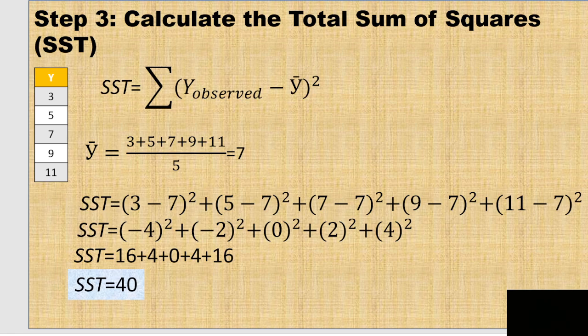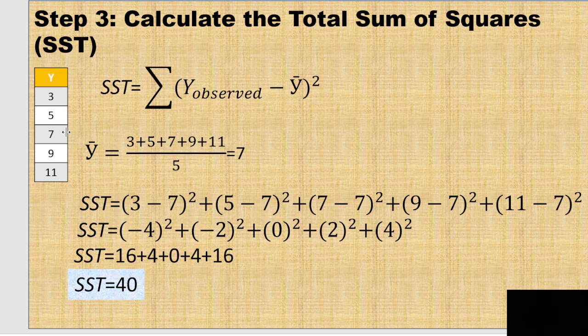And for step 3, calculate the total sum of squares, our SST. This is what we need to find so that we can get the value of r squared. All we need to do here is add all the observed values of y: 3 plus 5 plus 7 plus 9 plus 11, then divide by 5.